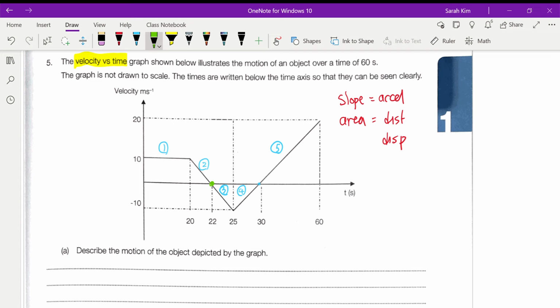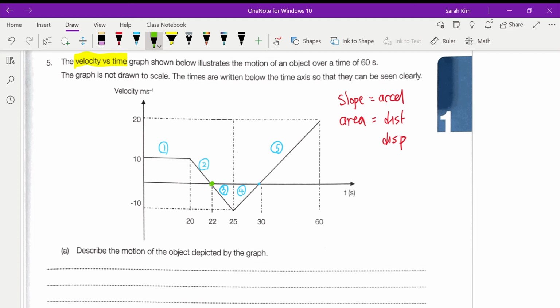So back towards the direction it came from, it accelerates for 22 to 25 seconds, so 3 seconds. And then it goes from negative 10 to 0, so it reduces the speed. It's decelerating back to the origin again. So it changes direction again.